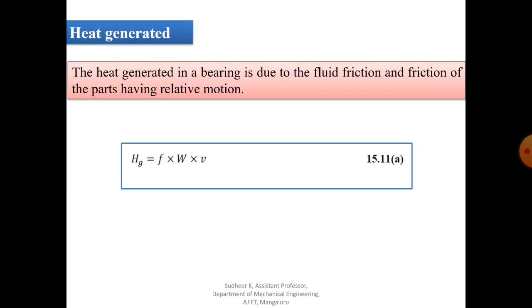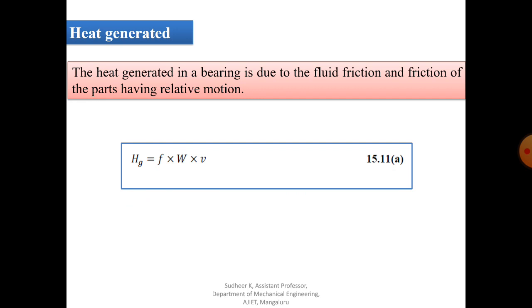Now coming to the heat generated. Heat generated in the bearing is due to fluid friction and friction of different parts when there is a relative motion. It can be calculated using this equation, that is Hg. The main intention is that whatever heat is generated in the system should be carried away.